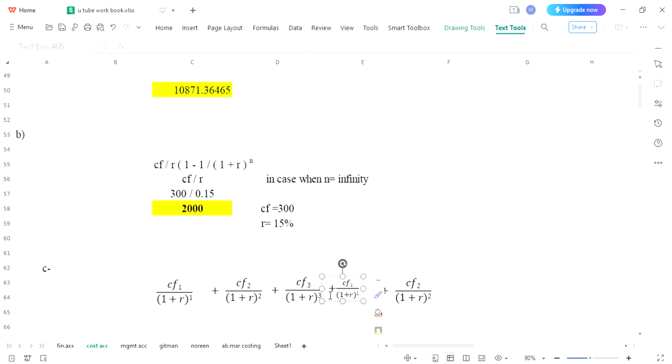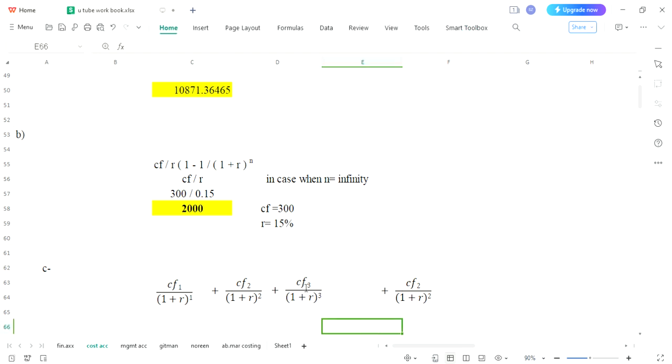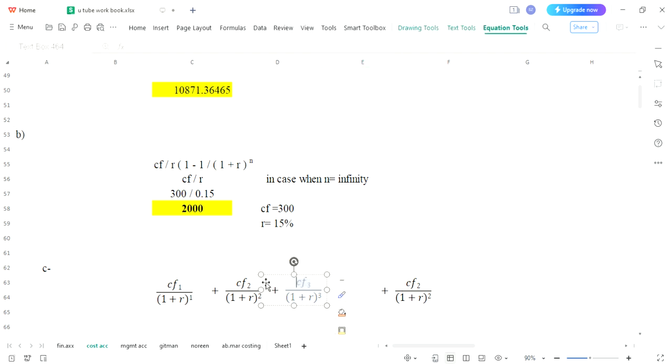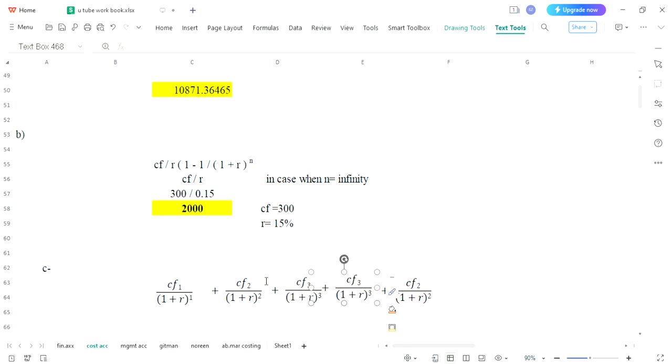I don't understand why the size changes, and I don't like that. So let's delete it and use this. Let's see if the size changes. Okay, put it over here. For the next, the only thing you will alter would be your number of cash flow and number of year.